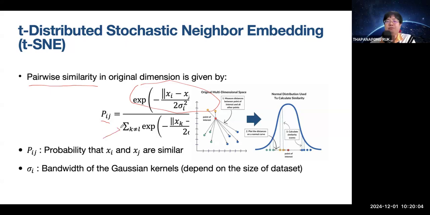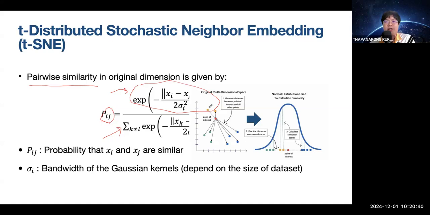Don't worry about the bottom one. The bottom one is just the scaling factor, the normalization term, so that the probabilities sum to 1. So you only have to understand the top part, which is the one that determines the score for i and j.